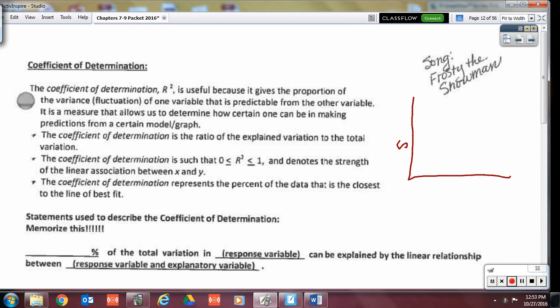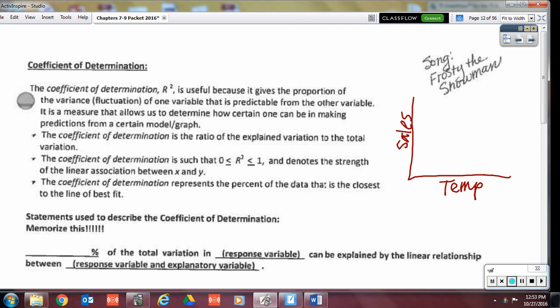This is a little bit more abstract of a concept, so I kind of want to give you an idea of what's happening before we get into the definitions. Otherwise, I'm just rambling off words in the definition that don't really make sense. So what R squared has to do with is what is explaining the changes in, in this case, sales.